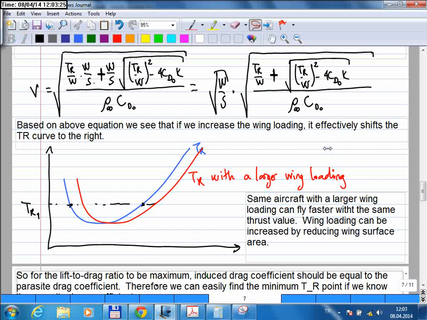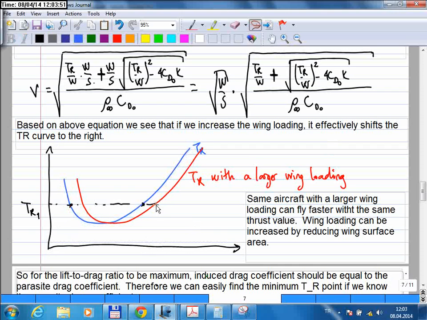So this is an advantage if you want to fly faster, but it becomes a disadvantage at low speed. The blue aircraft can fly slowly, which is a good thing while landing and takeoff. During landing, you want to be able to fly as slowly as possible, so that will allow you to land very smoothly.